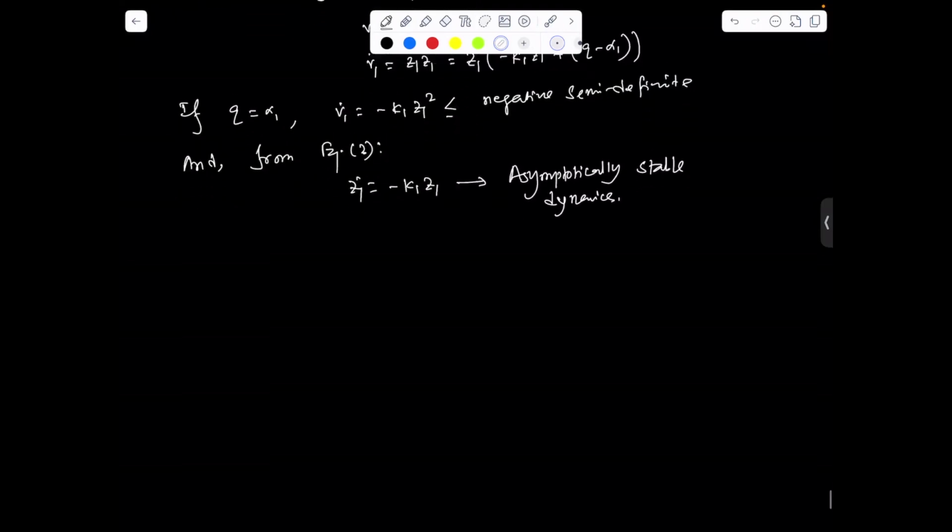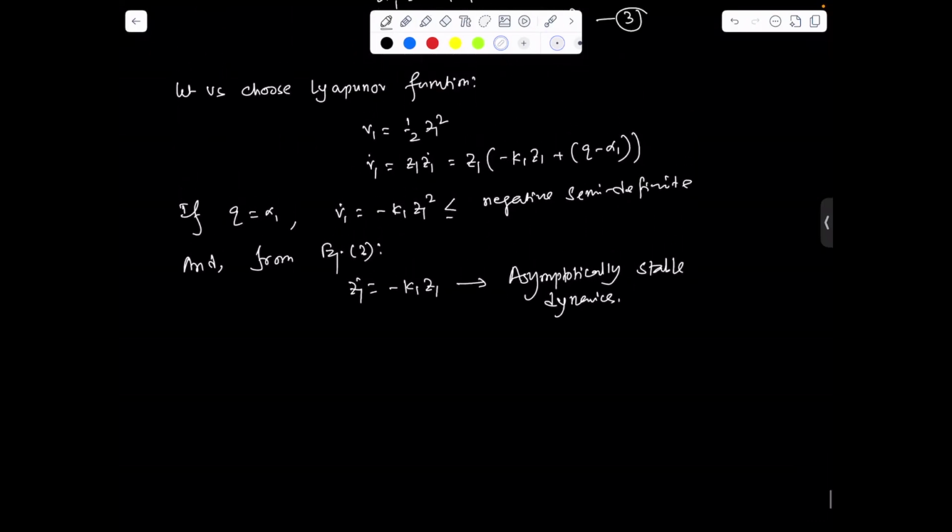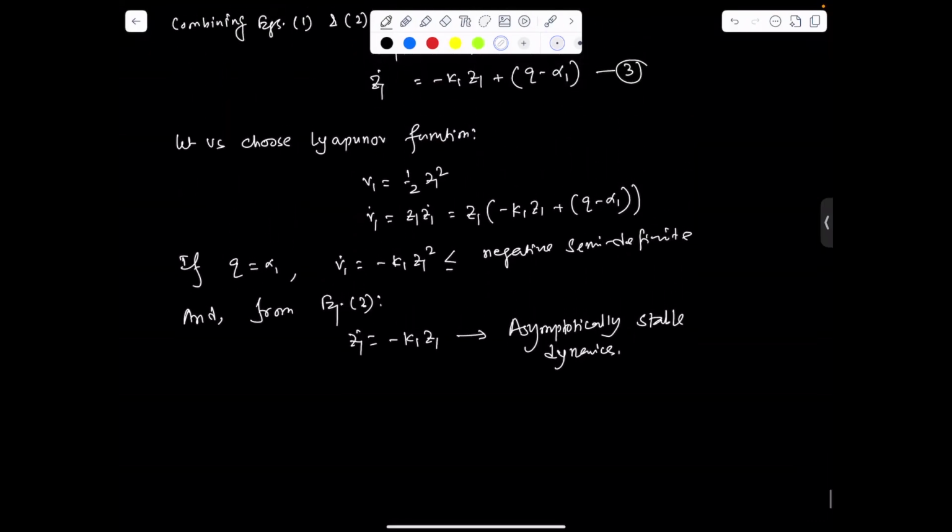So now we'll work on the second variable, z2, and we can define z2 using these two parameters.